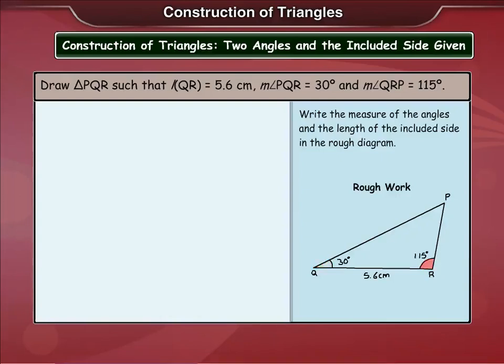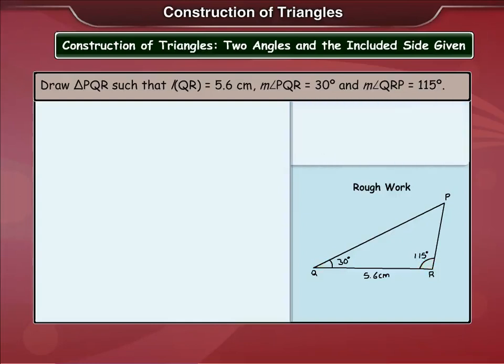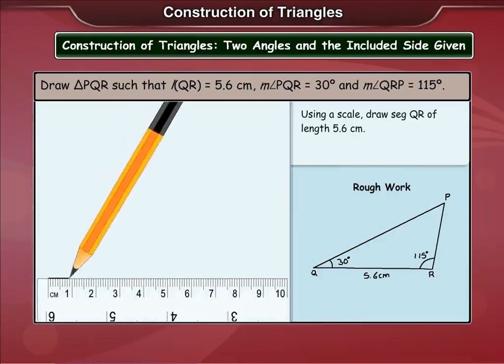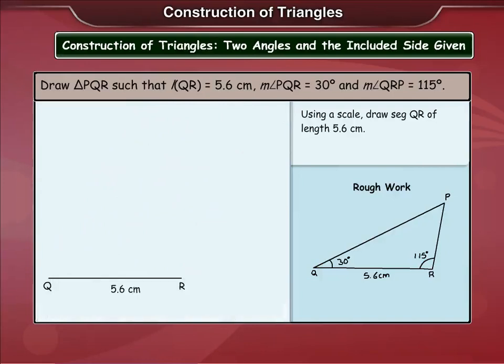Angle QRY measures 115 degrees. Label the point of intersection of ray QX and ray RY as point P. The required triangle PQR has been constructed.